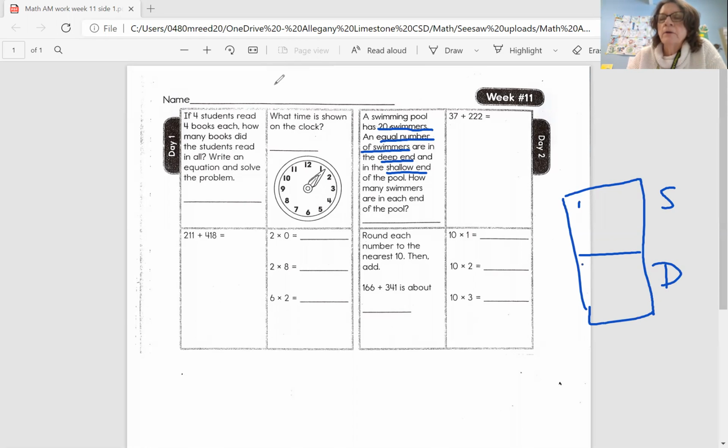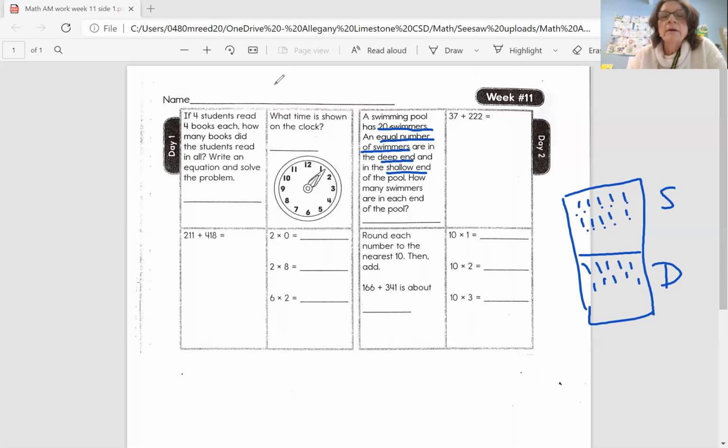So we could do 1, 2, 3, 4, 5, 6, 7, 8, 9, 10, 11, 12, 13, 14, 15, 16, 17, 18, 19, 20. So I got my 20 swimmers in there. I used fair share. And if I count, it looks like I got 1, 2, 3, 4, 5, 6, 7, 8, 9, 10. I got 10 swimmers in each end of the pool.